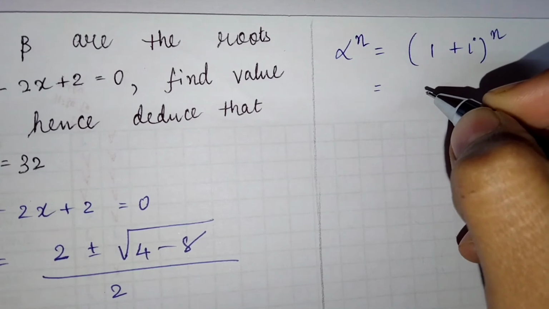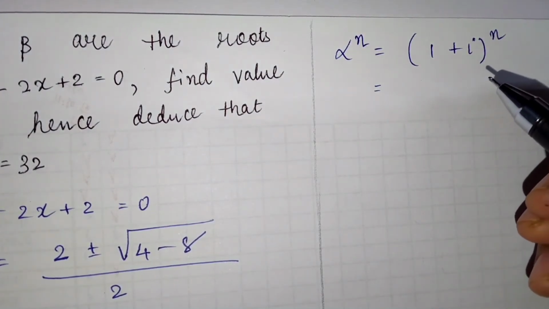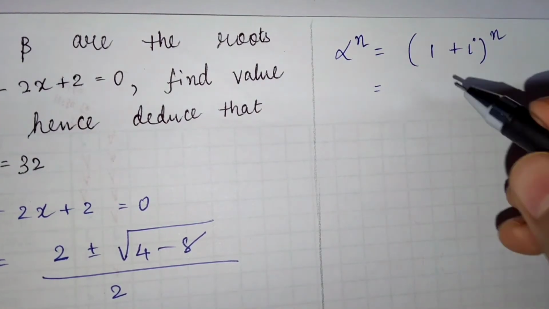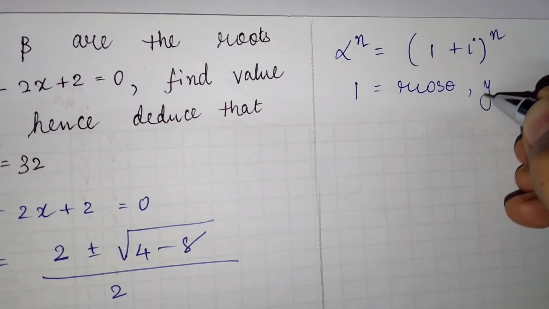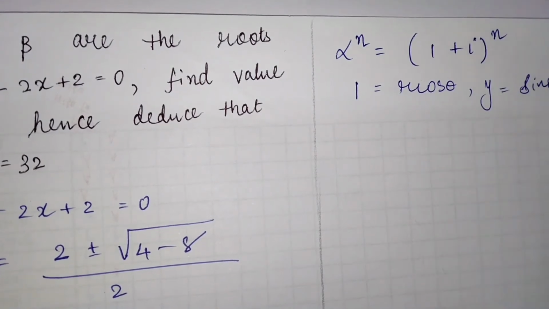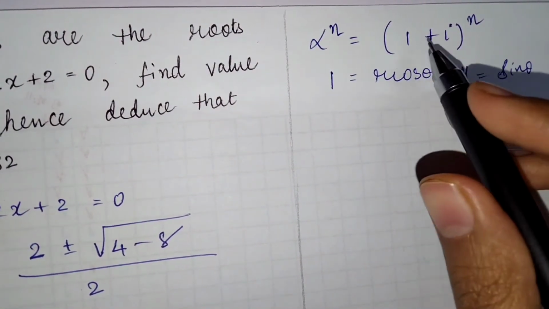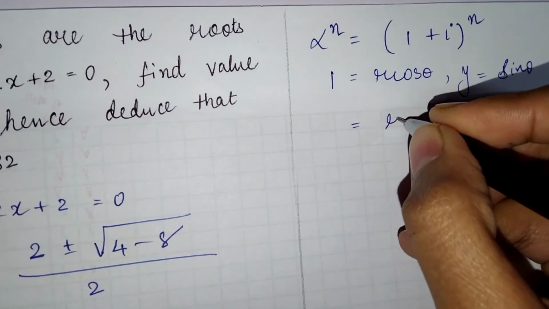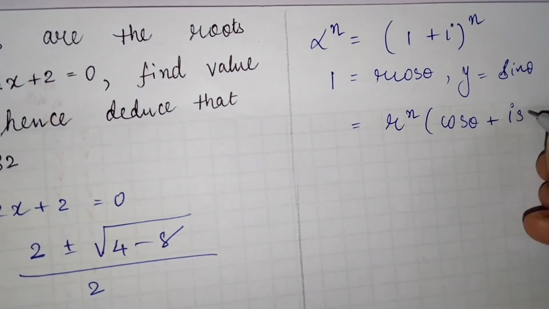1 plus i raised to n means here also we have to compare it with the form r cos theta plus i sin theta. We will take 1 equal to r cos theta and 1 equal to r sin theta. Then we can rewrite this expression, and if we put these values, we will get r raised to n into cos theta plus i sin theta raised to n.